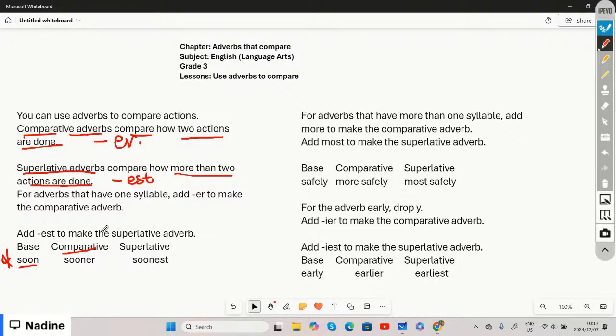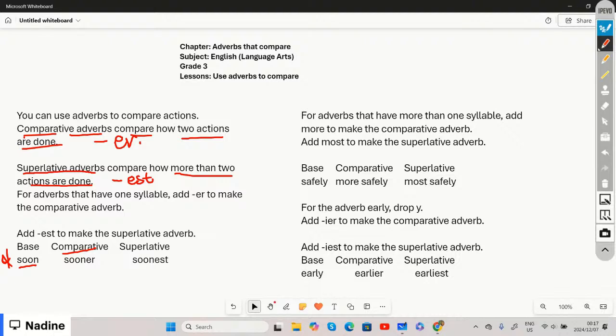So we come with the comparative adverb. It is sooner, because we remember we said it ends with an er. So soon, are we doing something?